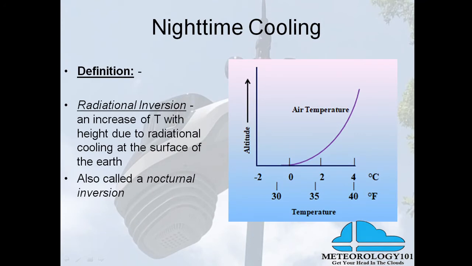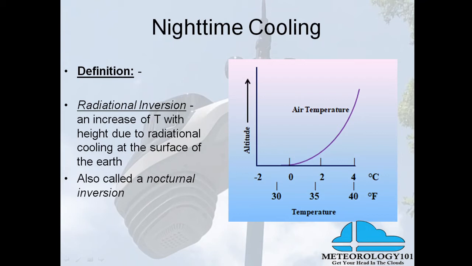All right, so nighttime cooling, radiational inversion: an increase in temperature with height due to radiational cooling at the surface of the Earth. So you get an inversion. In the troposphere where we live, the temperature decreases with height.